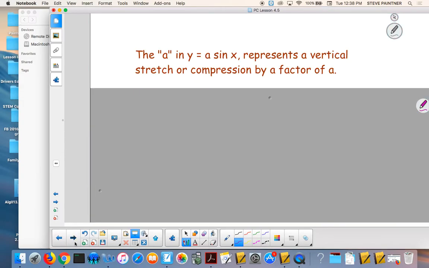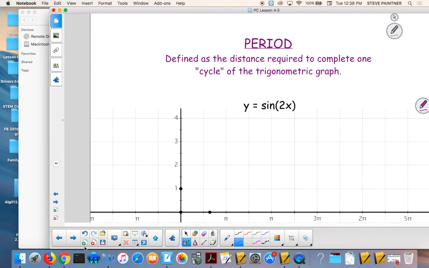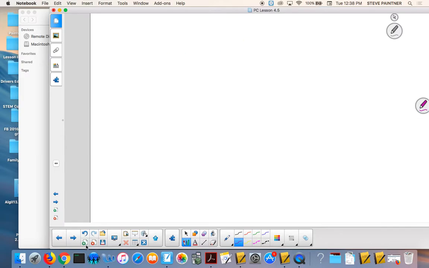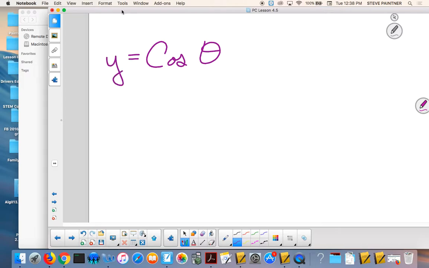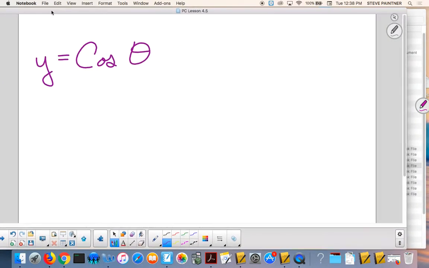Basically, just erase the sine. Let's just go here. Cosine of theta equals y. That was not it. There's a 3. The one that disappears one time. It's just cosine. Okay, that's it. Cosine of theta.